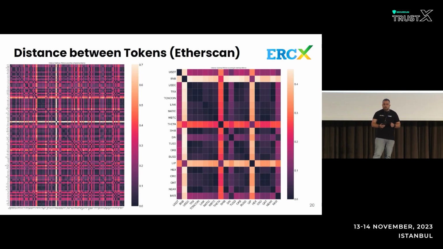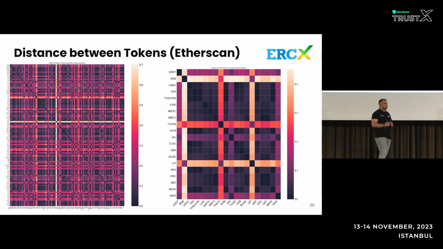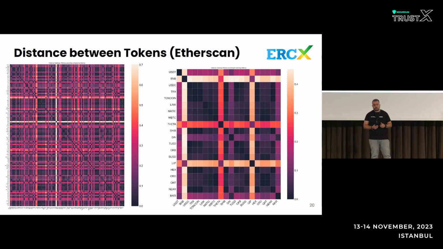Being a twin or not is really a yes-no thing. But we wanted to go beyond and understand how much tokens differ from each other. This heat map displays a representation of the distance between tokens computed using the Hamming distance, because we are dealing with bit vectors. Using the left-hand side graph, you can see the big picture.